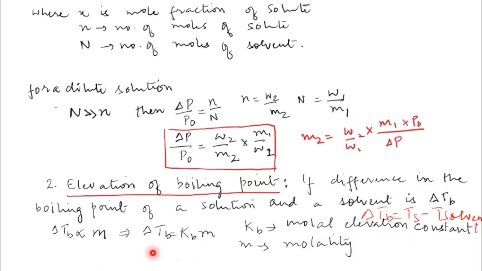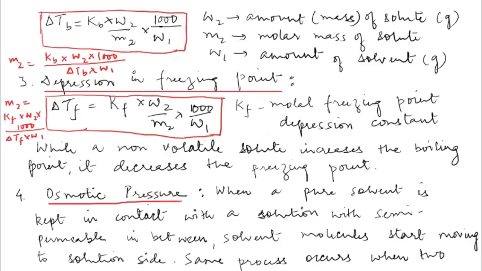So the formula for elevation of boiling point becomes Kb into m, where m can be given as W2 by M2, that is moles of the solute, divided by the mass of the solvent multiplied by 1000. And from this ΔTb formula, we can again calculate the molecular mass of the solute, which is given by this formula: Kb into W2 multiplied by 1000 divided by ΔTb into W1.